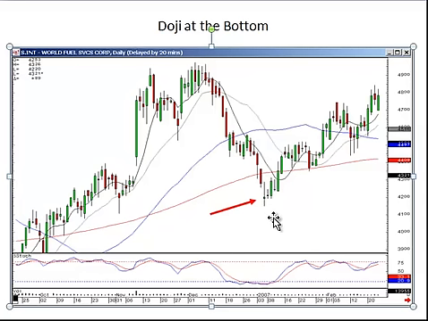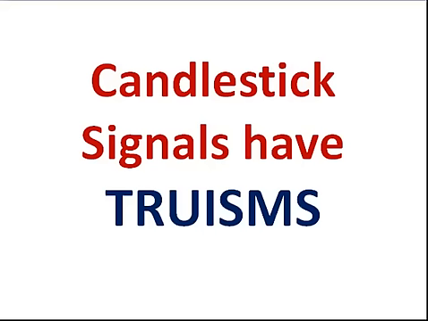We all know that it's very hard on the emotions to buy when everybody is selling, but the information that was created inside these candlestick signals show when that investor sentiment is starting to change. And the nice thing about candlestick analysis is you do not have to be adept or educated greatly in technical analysis.